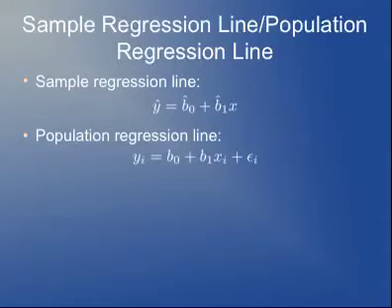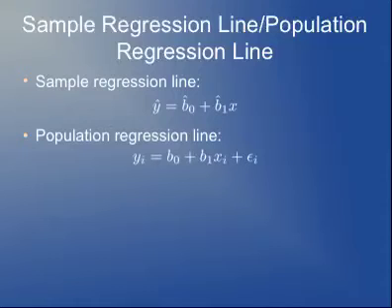The theory is that if our regression model is true and y really is a linear function of x, then there's a population regression line, y equals b0 plus b1x plus an irreducible noise term. And we try to approximate this population regression line by a sample regression line that's estimated from the data.